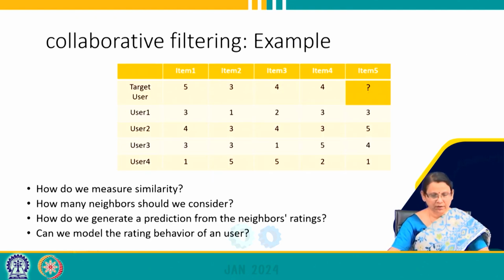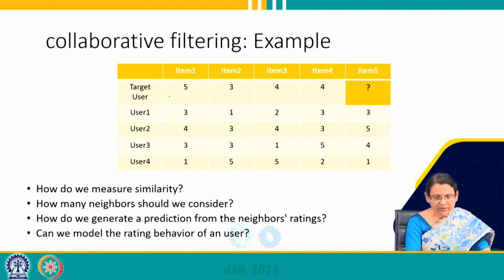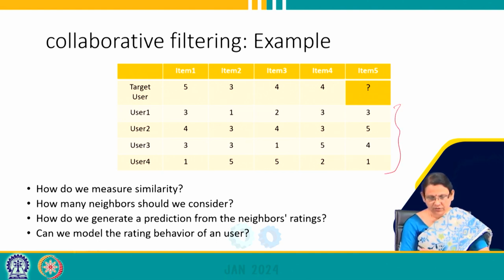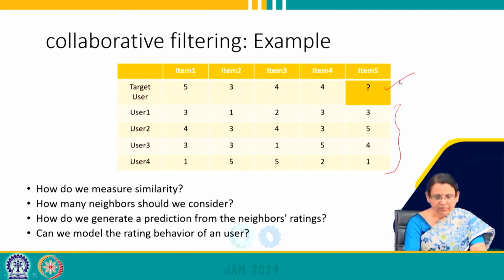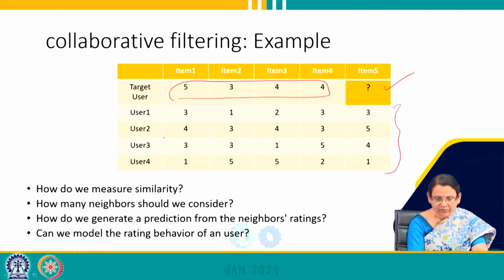This is one example. Let us say this is the target user, this is what I was telling you just now. These are some of the ratings already given by other users for this particular item, that is item 5. For items 1, 2, 3 and 4, this target user has already given rating.